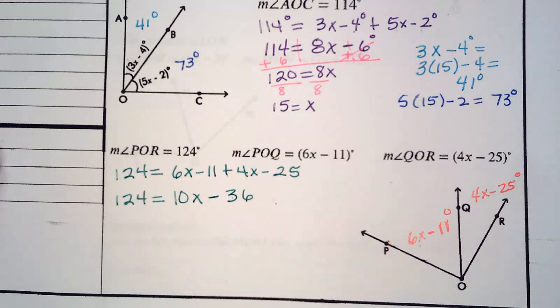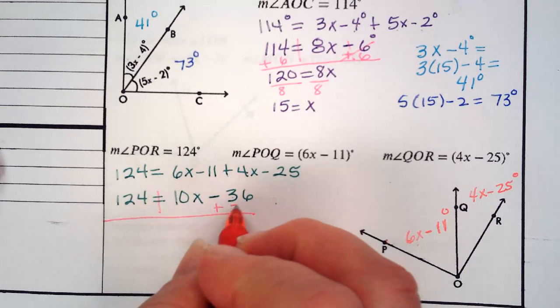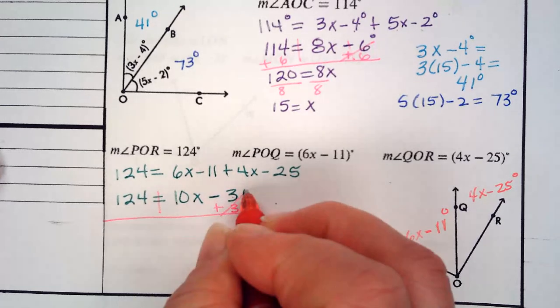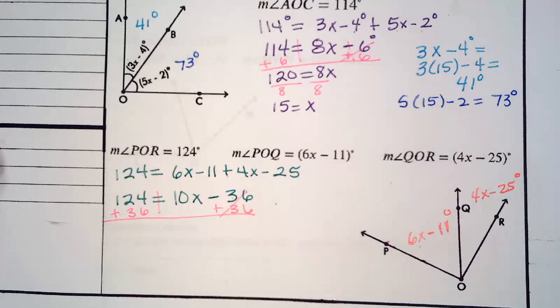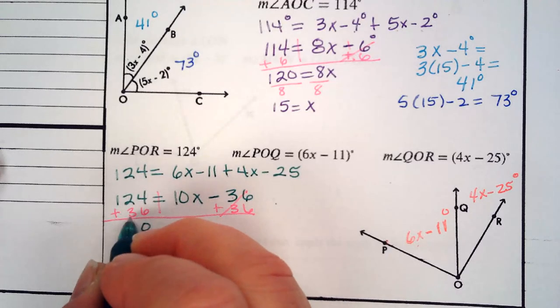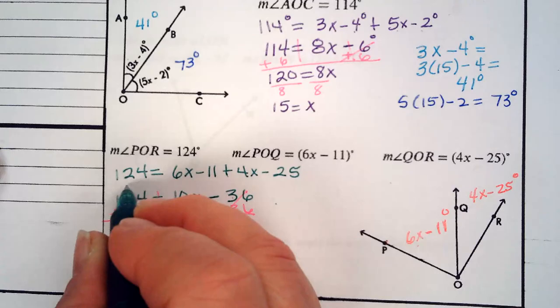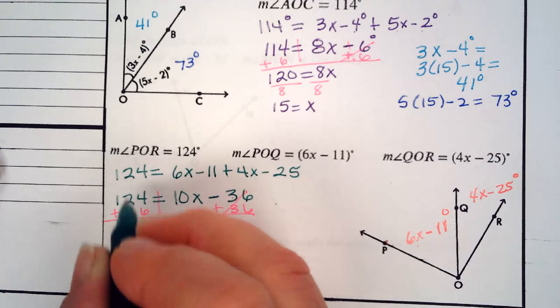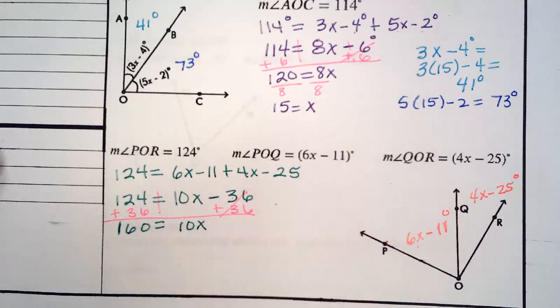Now we are ready to solve for x. Add 36 to both sides. You end up with 124 plus 36, which is 160, is equal to 10x.